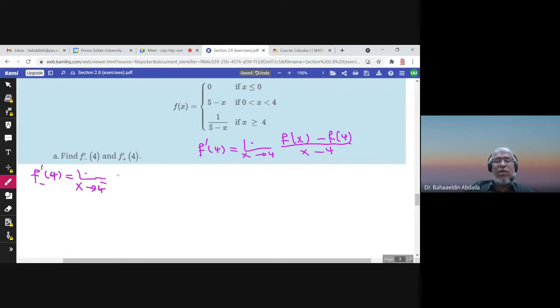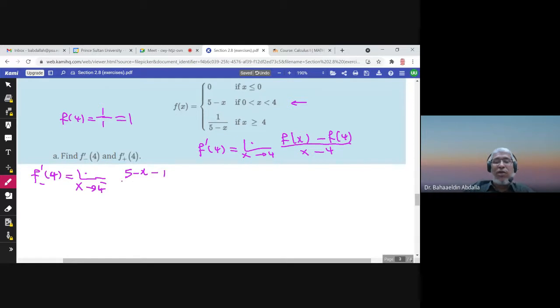All right, so in this case, what would be f of x? To the left of 4, we are here, so the definition is 5 minus x. And what is f of 4? Well, f of 4 always, because the equality is here, is 1 over 5 minus 4, which is 1. So f of 4 is always 1 in this question.